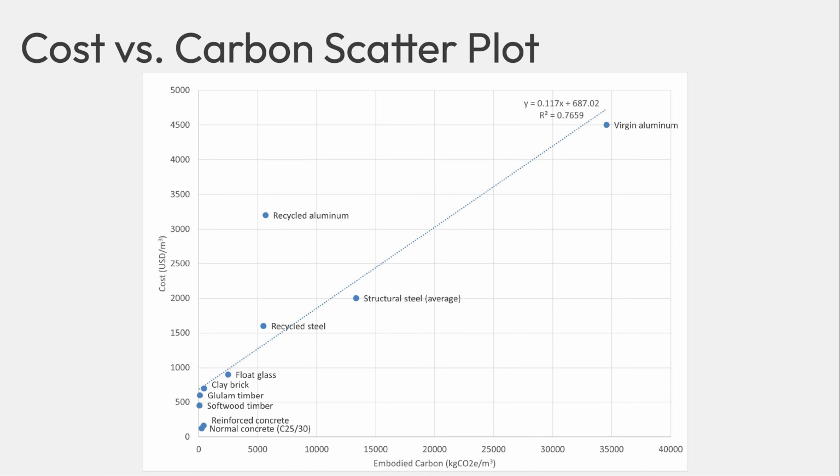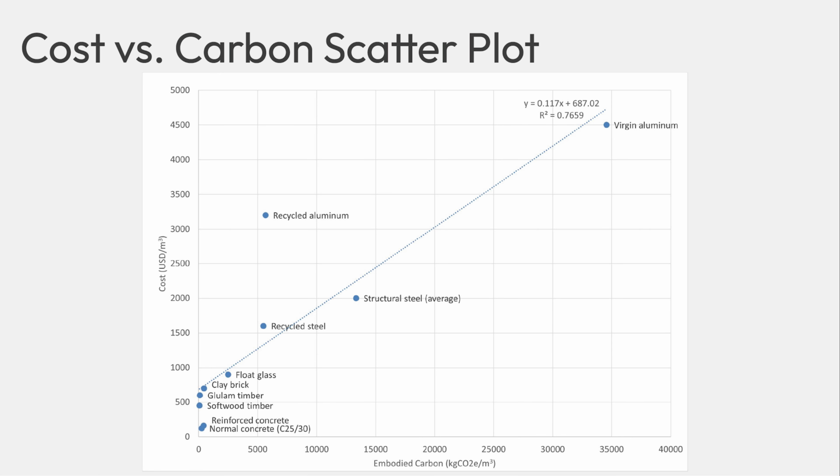At first look, there is a clear positive trend. Materials with higher embodied carbon generally tend to be more expensive. The fitted trend line gives an R-squared value of about 0.77, which suggests a moderate correlation.